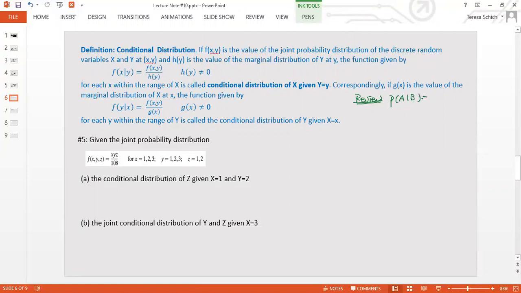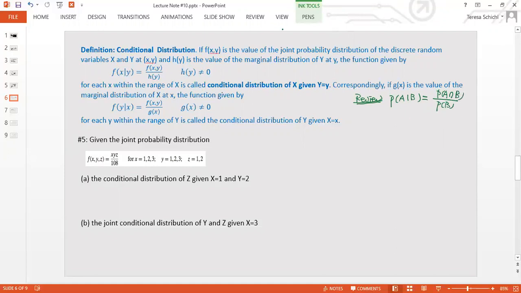That means we want to find the probability of A given that B already happened. If you remember this very important conditional probability, the bottom is the probability of B, and the top is the probability of A intersect B, correct?